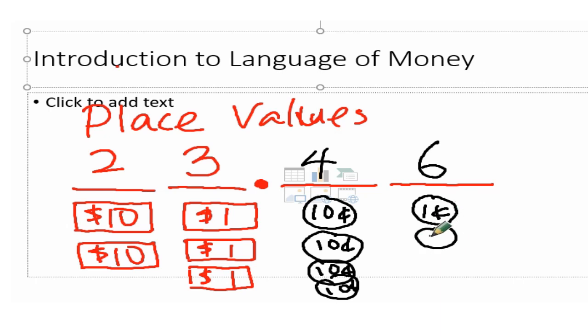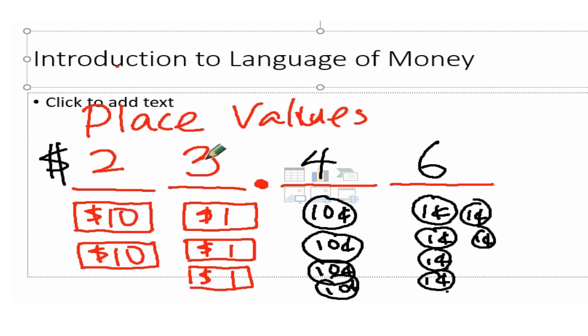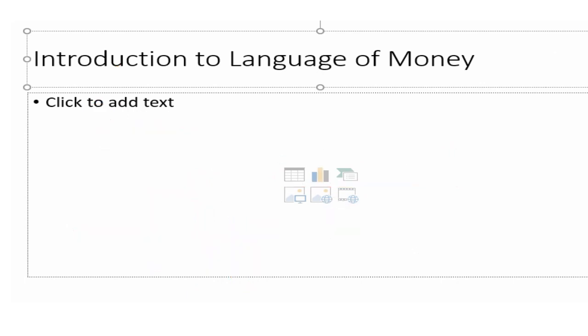So I have 6 cents, 6 pennies. 1, 2, 3, 4, 5, 6. Now the whole value of this is $23.46.